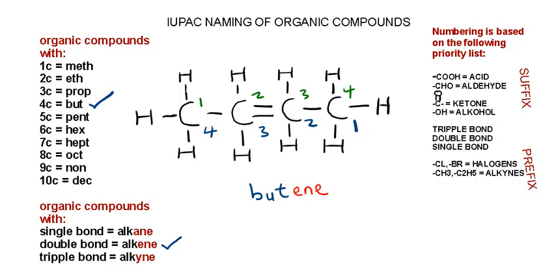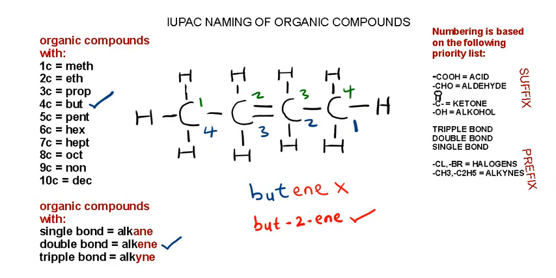Therefore, since we have carbon number 2 and carbon number 3, we will choose the lowest number, which is 2. So it's not going to be called butene, it is but-2-ene. But-2-ene becomes the real and appropriate name of this organic compound.